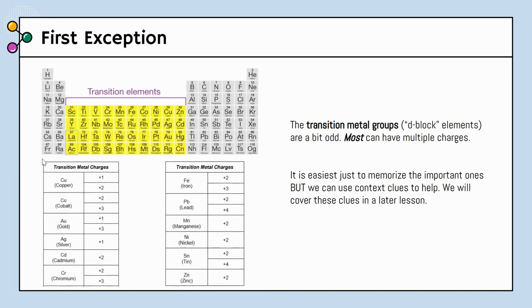Really, you'll have this set of charges available to you to see what charges are optional for some elements. Notice some of them, like zinc down here in the bottom left, only have 1 option, but other elements like tin directly above could have 2 options. So it really depends on which element you're talking about. But again, we'll go through a context clue you can use later, and you'll always have these charts available to you.